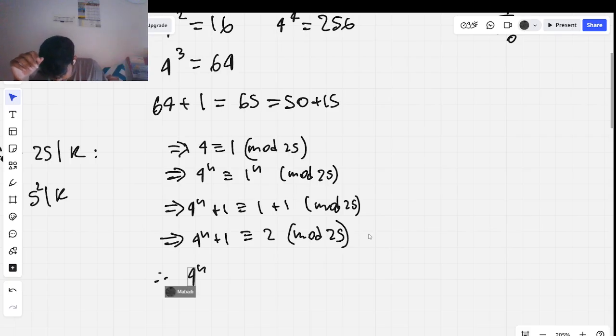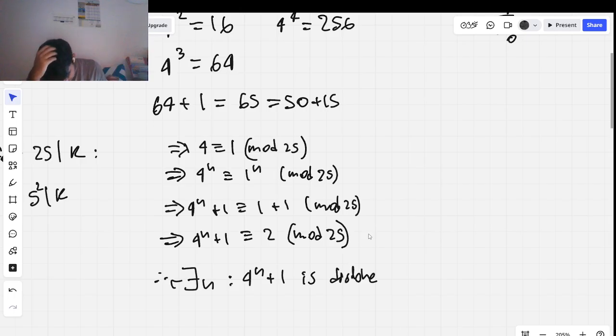So there doesn't exist an n such that 4 to the n plus 1 is divisible by 25.